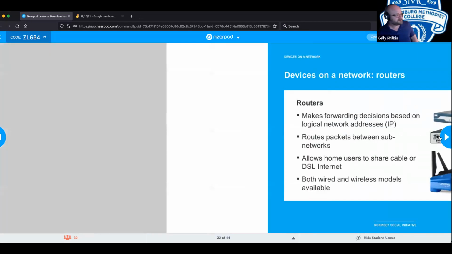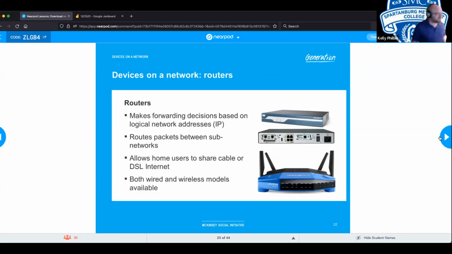A little more detail on routers. A router makes forwarding decisions based off of logical network addresses, or IP addresses. Anything received by the switch internally that it does not recognize, it typically will send to the gateway, or it will be packaged in such a way that it's going to go through the gateway out of the network.